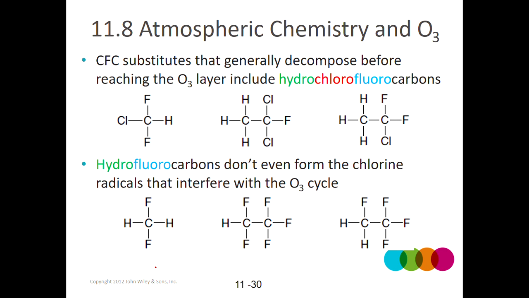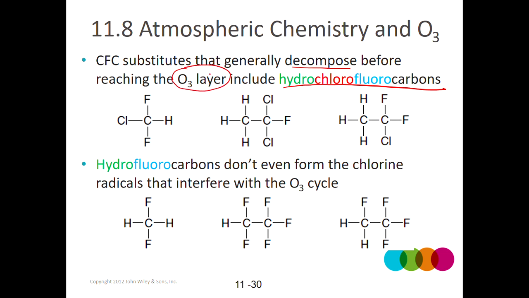So instead of CFCs, which go into the upper atmosphere, create free radicals, and mess up the ozone cycle, hydrochlorofluorocarbons are a different substitute. They are unstable enough where they generally decompose to produce radicals before they reach the upper atmosphere.